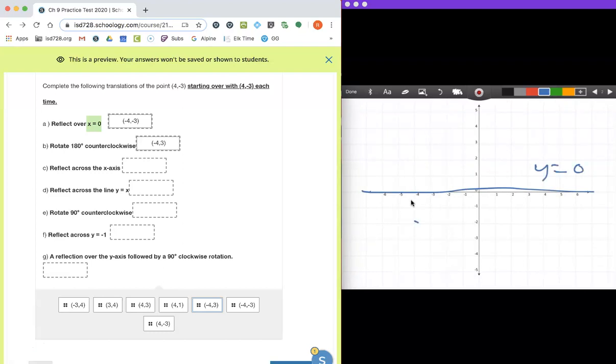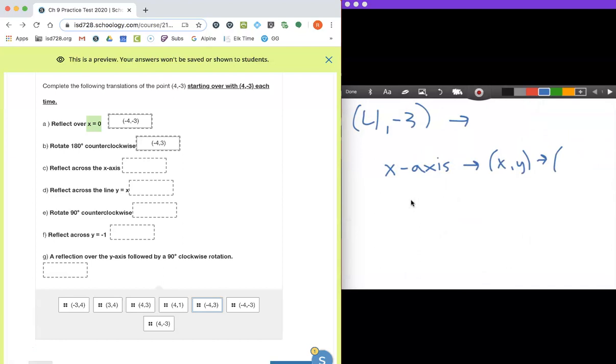Any point is going to flip just vertically and not horizontally, so the only thing that changes is the y term. We're taking the opposite of y and keeping x the same. The opposite of -3 is +3. So instead of (4, -3), we're going to land at (4, 3).